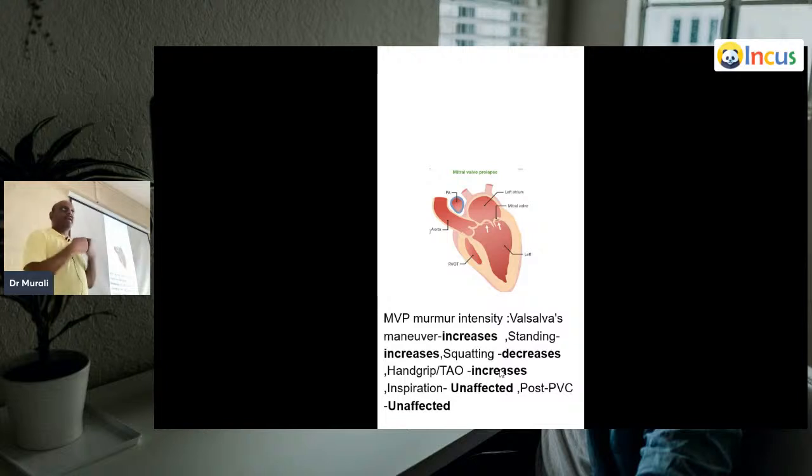When the contractility of the ventricle increased, it overcame the obstruction. So that is the reason HOCM murmur decreased with hand grip. But MVP murmur increases in the hand grip.